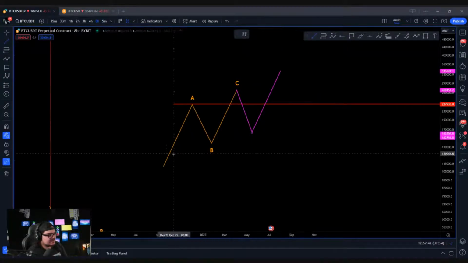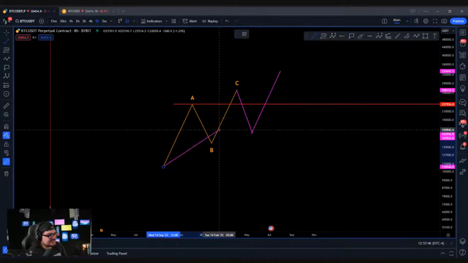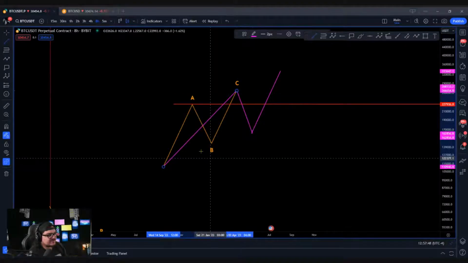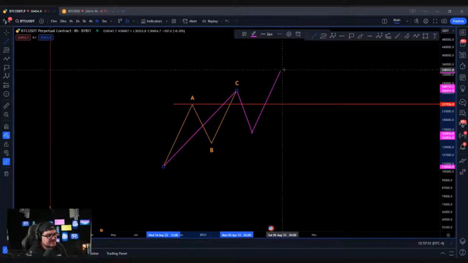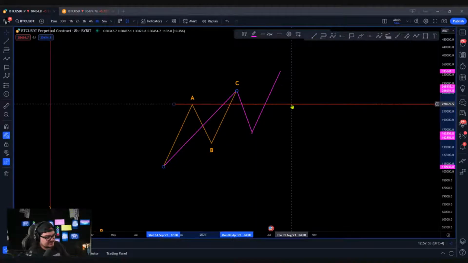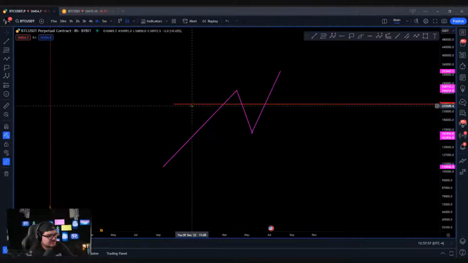All right. And what ends up happening is that your original ABC that you wanted to play was actually part of a larger A. And then the pullback that went in your favor was a B. And then you're going to get a continuation higher for a C, which turns into a whole nother setup.